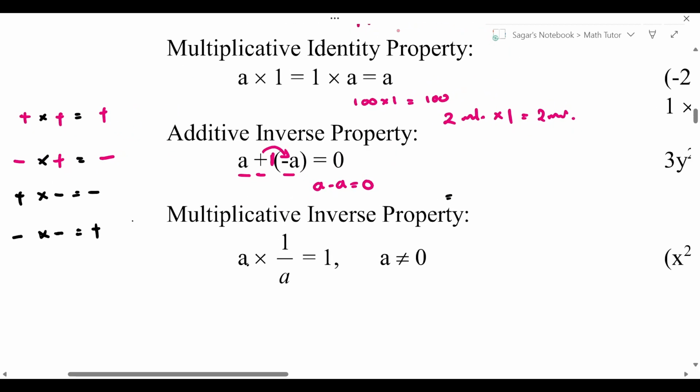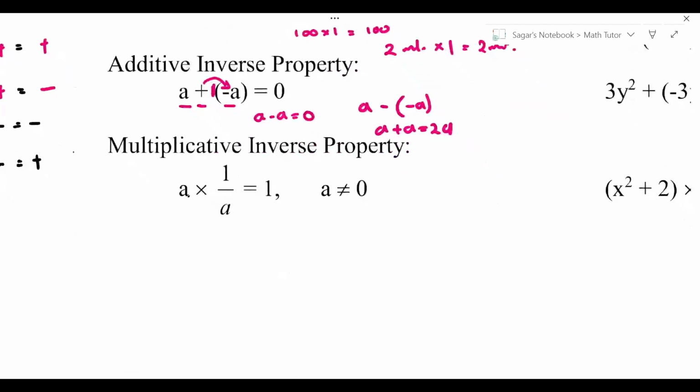So just say we have A minus, open brackets, minus A. This is in effect A plus A, which is 2A. Let's say we have A minus, open brackets, plus A. This is equal to A minus A, because a minus times a positive is minus.